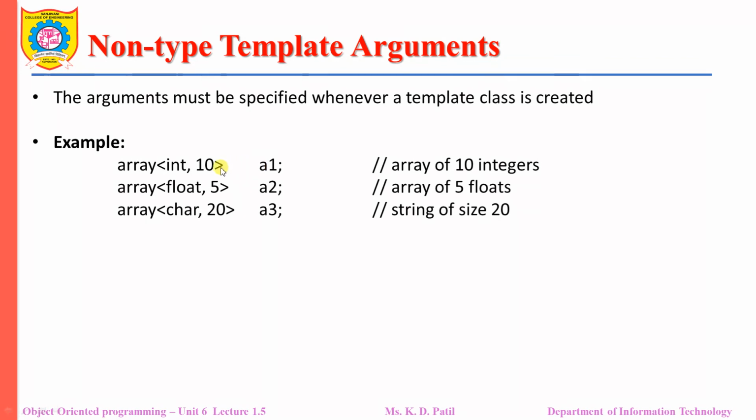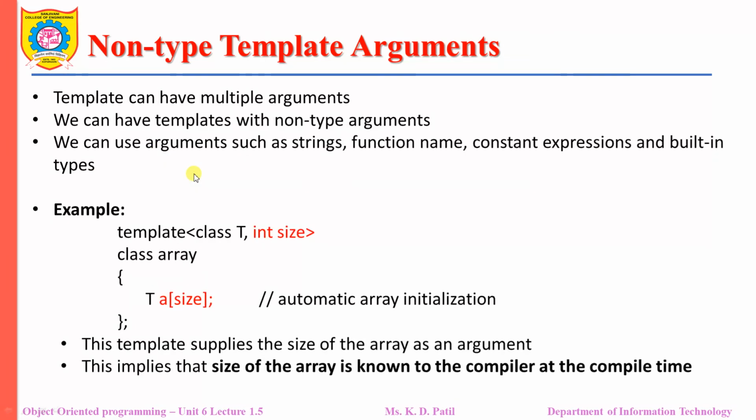So when we create the object of that template class, of course we have to specify the arguments at the place of size here. If you match this template class, T comma integer size, we have to declare the size at the time of creating the object, and we have to specify the data type, which type of array we want to create.